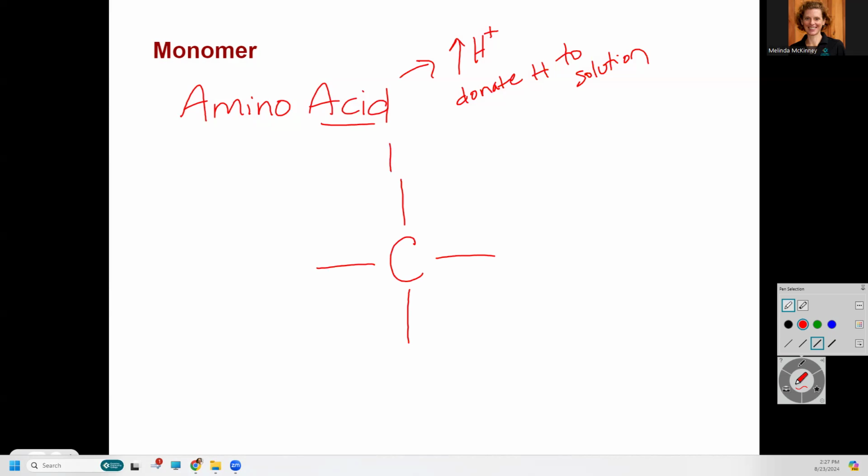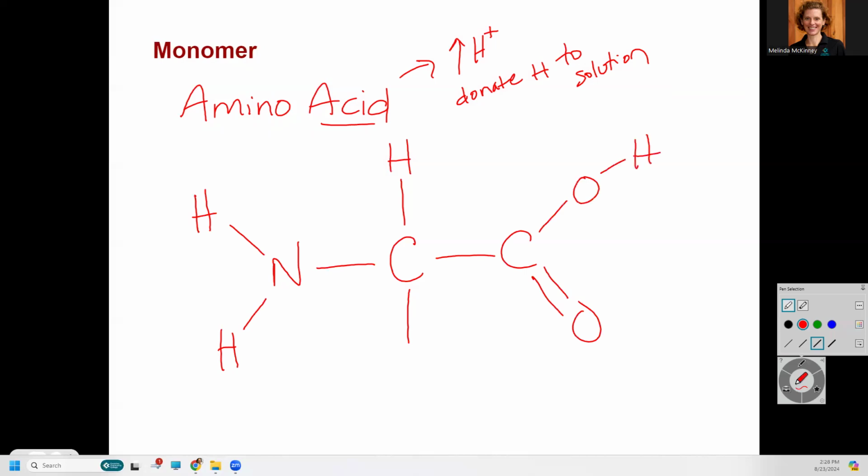One of the bonds is just with hydrogen, so that's simple. And then it's also going to be with an amino group, which is NH2. This is a functional group. That's one of the bonds. Another bond is to a carboxyl group, which is C double bond O, and then an O to an H. Okay.